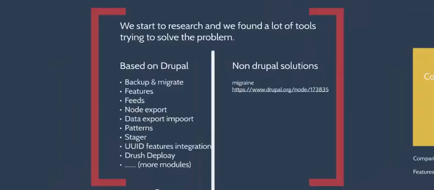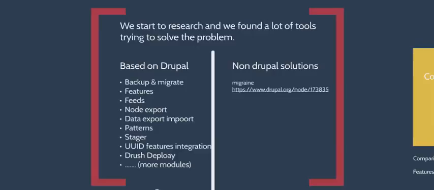Our first step was to research existing solutions. We found a lot of Drupal modules like Features, Feeds, Node Export, Universal Unique ID, etc. And we also found a tool called Migraine, developed in 2010, but it is abandoned.